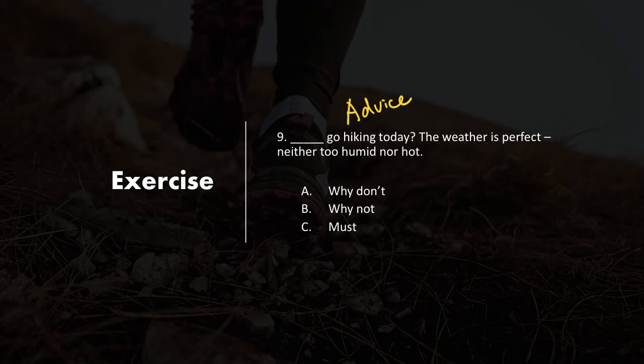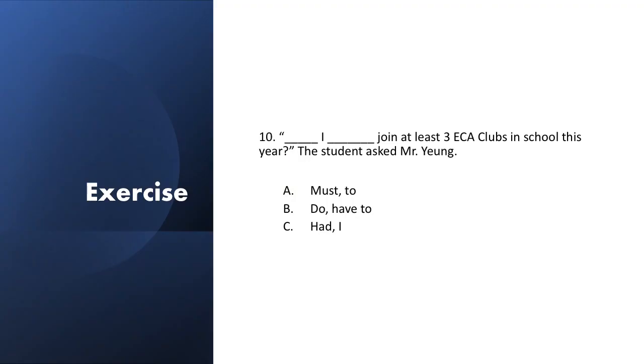Well, for "why don't," we usually follow this phrase with a pronoun. For example, why don't we do something? And for "why not," we follow the phrase with a verb in base form, such as why not go there? So the answer is very obvious. "Go" here is a verb in base form. The answer is B.